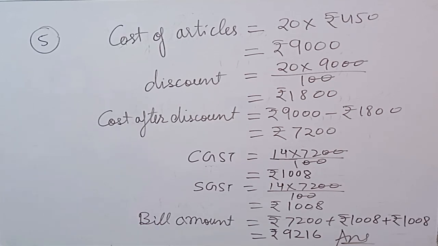So the bill amount will be the cost after discount, 7,200, plus 1,008 CGST and 1,008 SGST. The total bill amount will be rupees 9,216. So in that manner you can do question number 5.